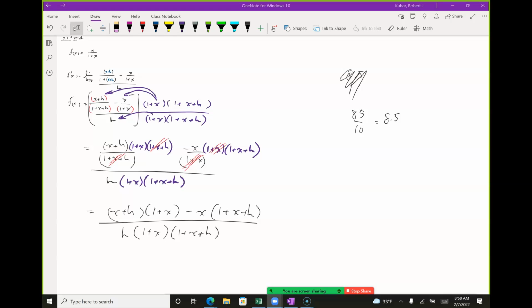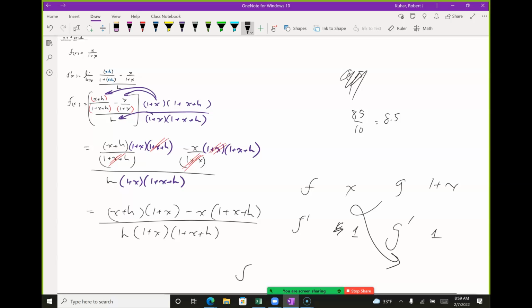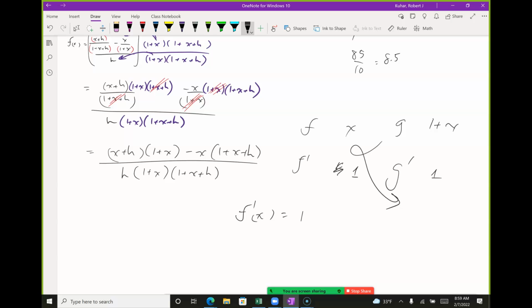Nice. Tell us what the derivative function is. Well, I'll do the quotient rule to get it. F prime G, G prime X, 1 plus X. This is a 1, this is a 1. Quotient rule is, so F prime is 1 plus X minus X all over 1 plus X squared.